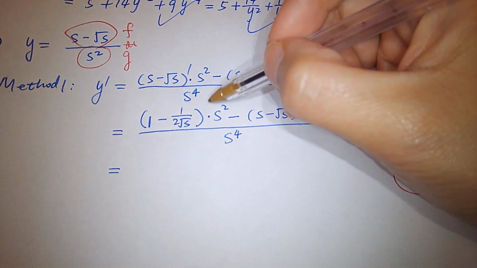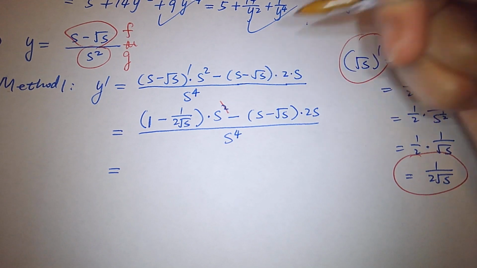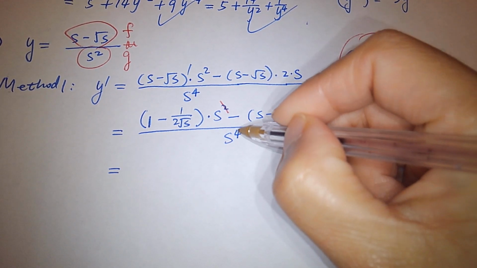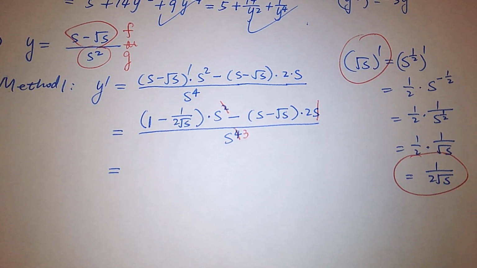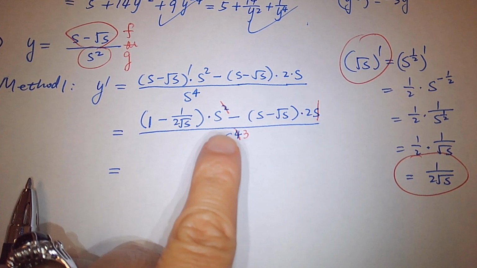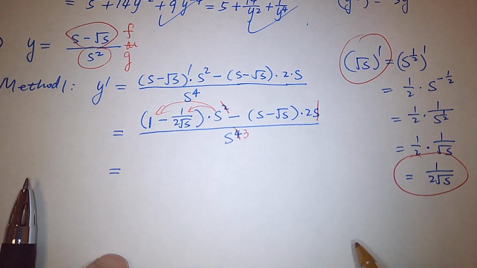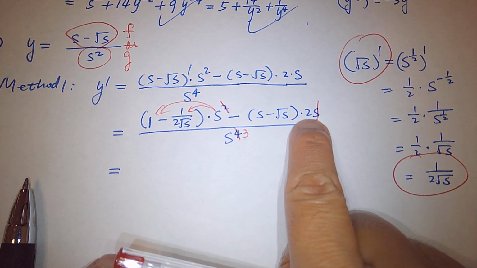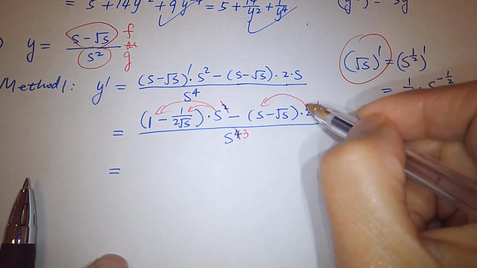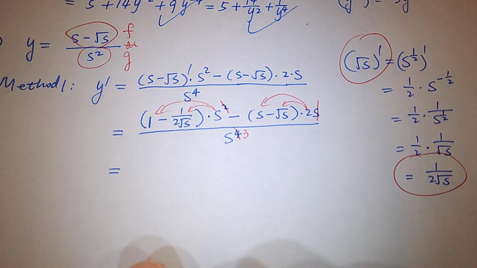What do we do? Cancel out one s. Then let's keep on simplifying. Now we have this s left. Distribute. We have this 2. Distribute.